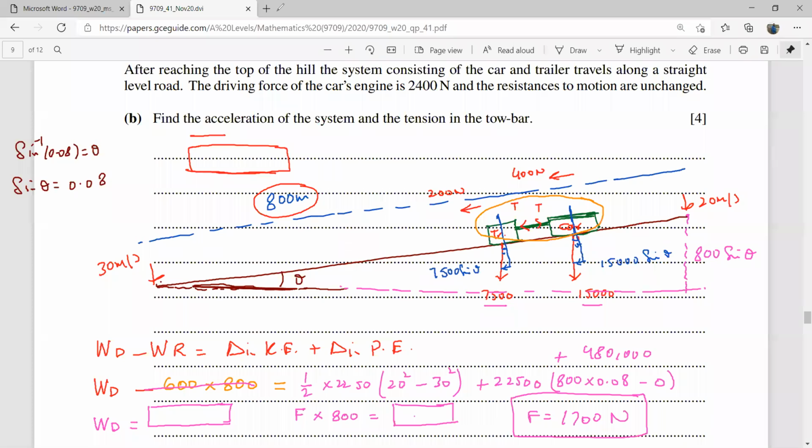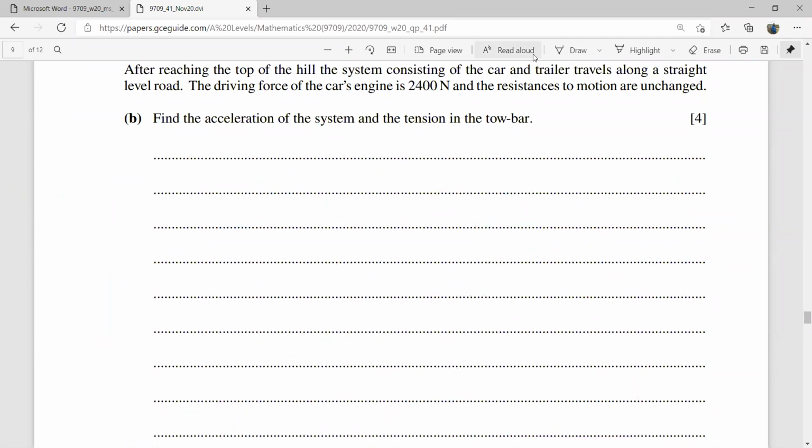Okay, so now since it is going to be a horizontal situation, I have to erase all of this. Okay, remember 200 and 400. Now these are going to be on a horizontal road. So this is the road here, and we have the car going, here is the trailer going.